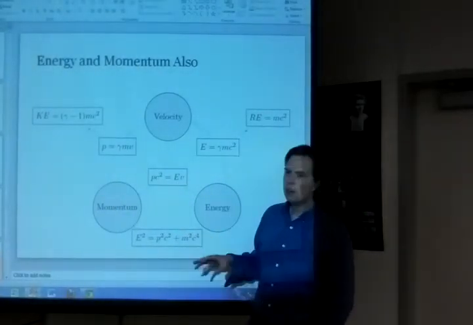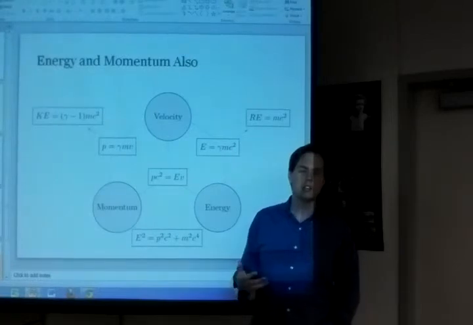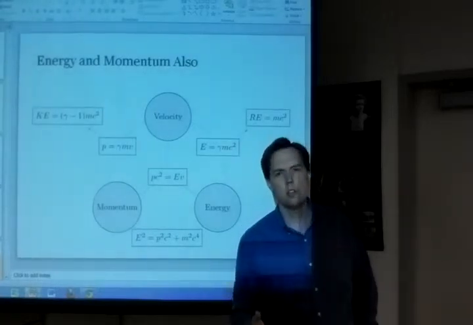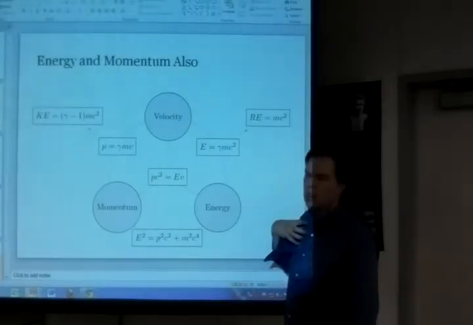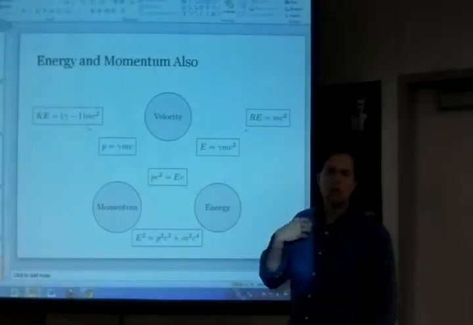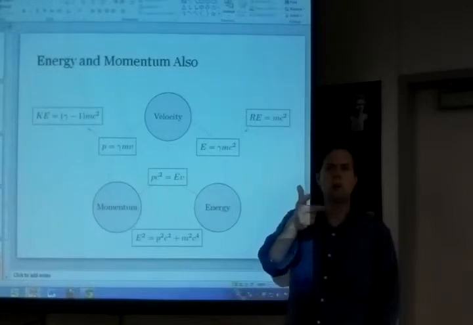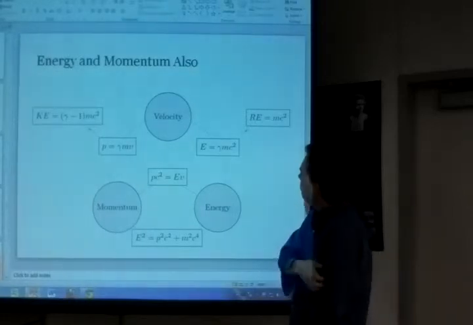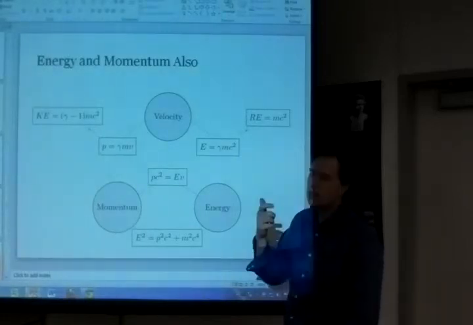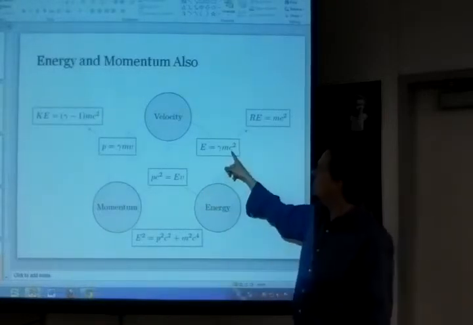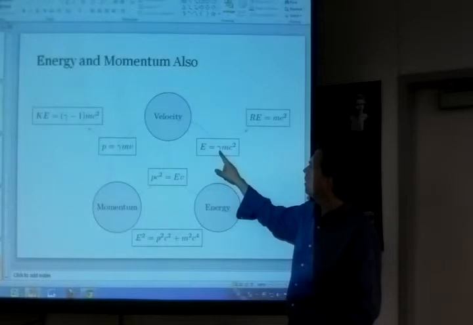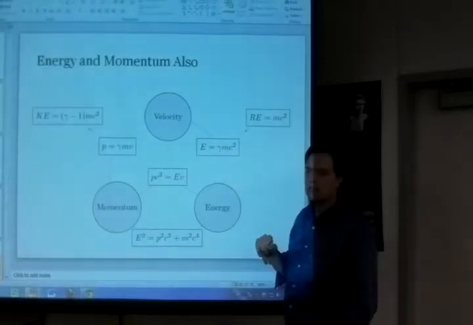In various contexts and various problems, you'll want to use different formulas to get at different things. If I know the energy and the speed and I want to know the mass, I would use this equation, because I've got energy, speed, and mass in this formula.